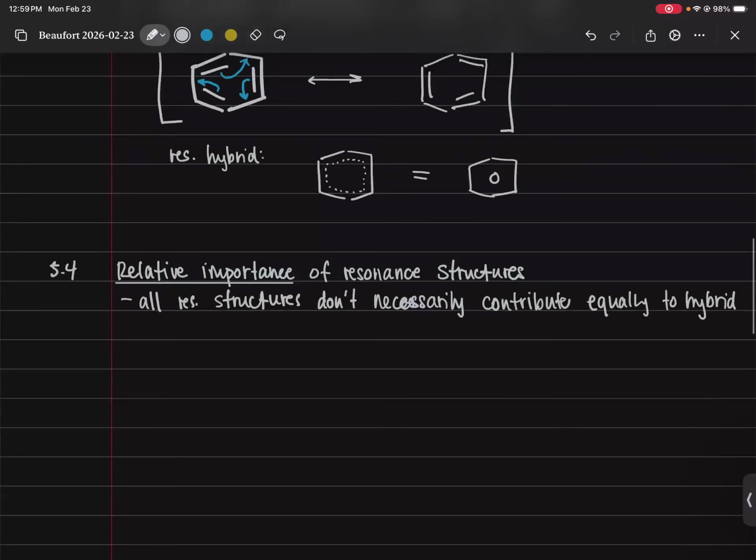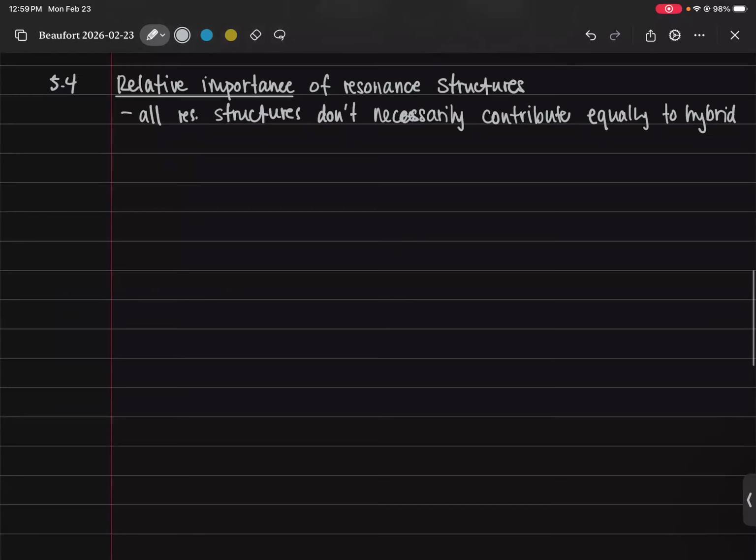For example, in benzene, the 2 resonance structures do contribute equally to the hybrid, but it's not a super common case. And the reason that we care about the relative importance is a lot of what we're doing in organic chemistry is predicting reactivity.